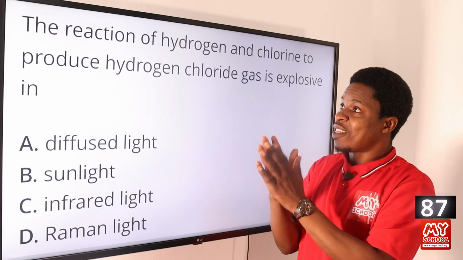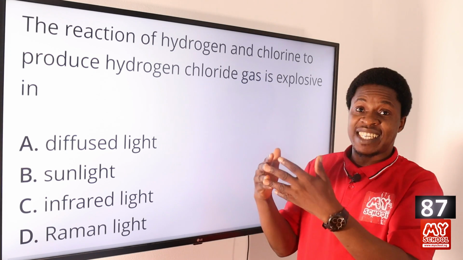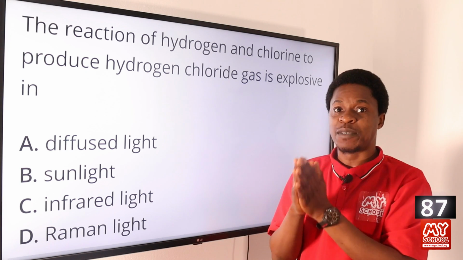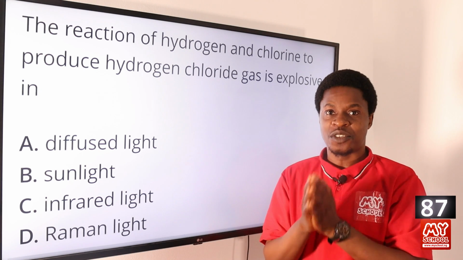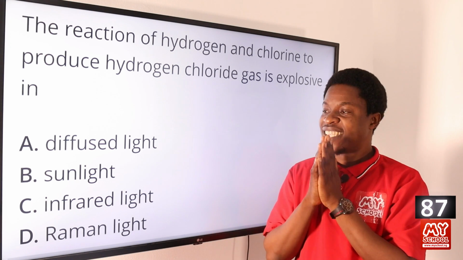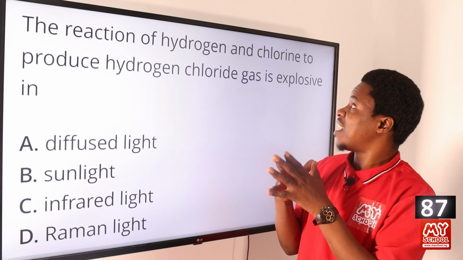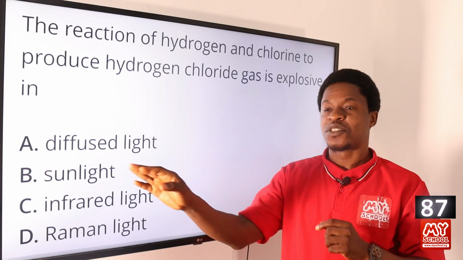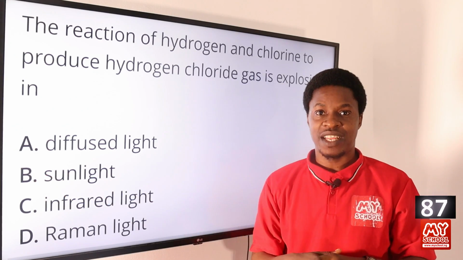So when hydrogen and chlorine react together to form hydrogen chloride, which is a gas, that reaction is only possible in the presence of sunlight. As a result, the reaction of hydrogen and chlorine to produce hydrogen chloride gas is explosive in the presence of sunlight. So the correct answer is option B, sunlight.